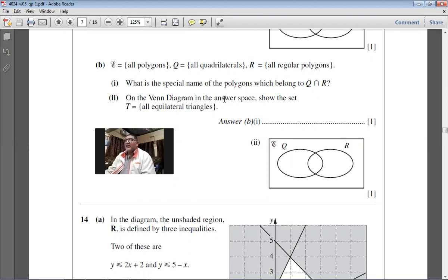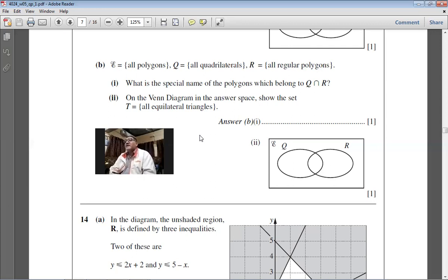The next part is on the Venn diagram in the answer space, show the set T, where T is all equilateral triangles. Equilateral triangles are triangles where all 3 sides are equal.